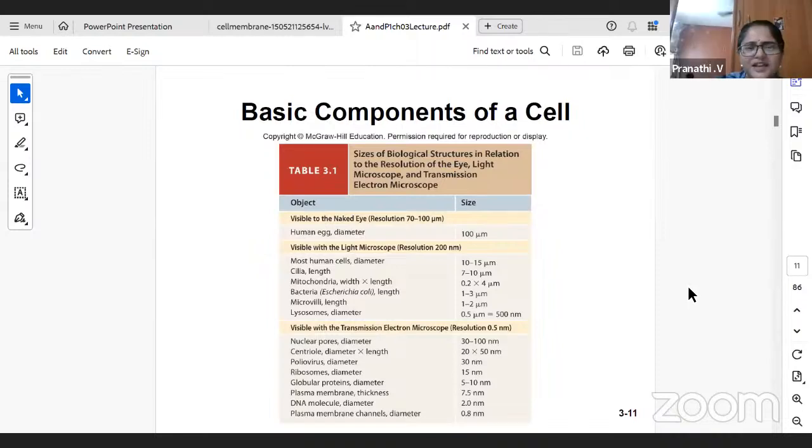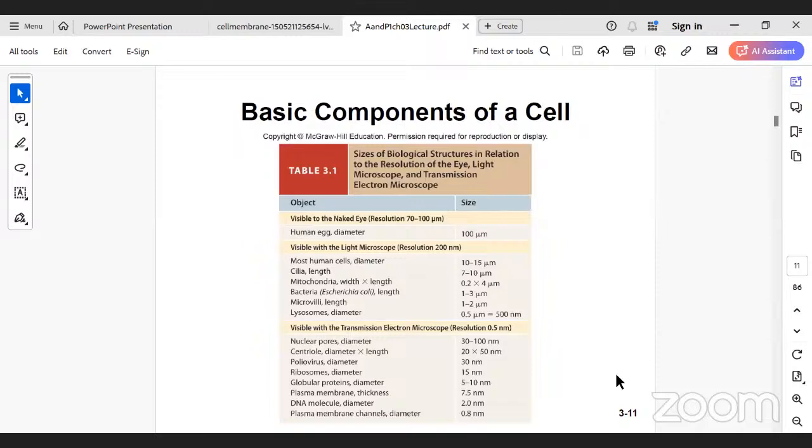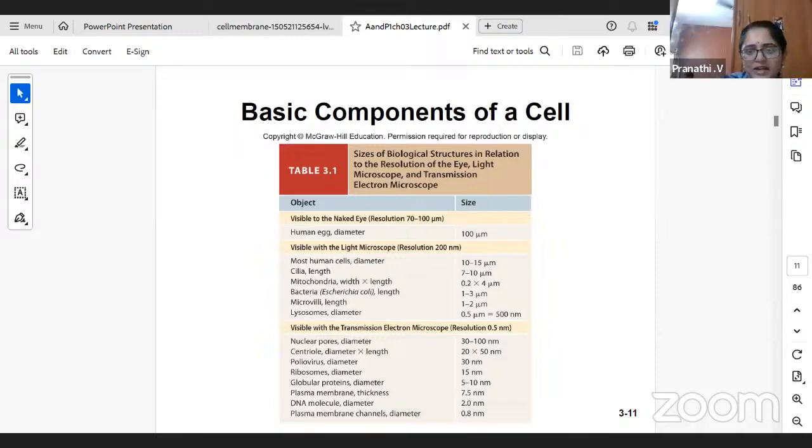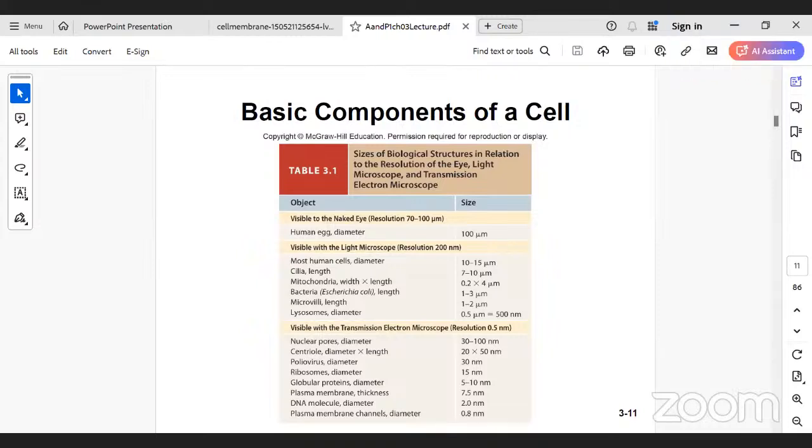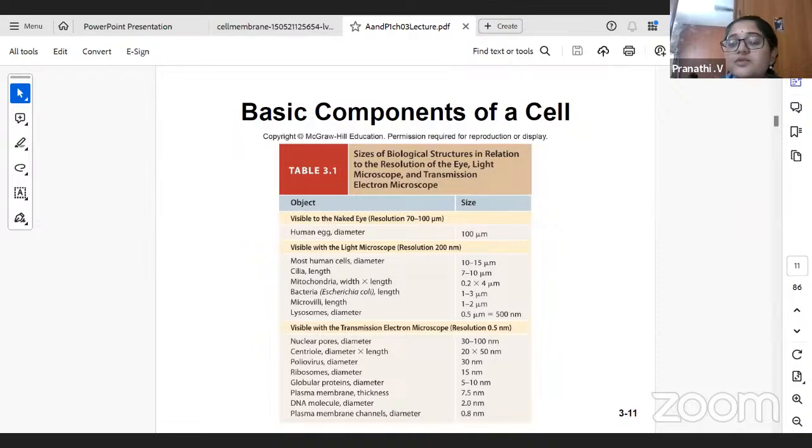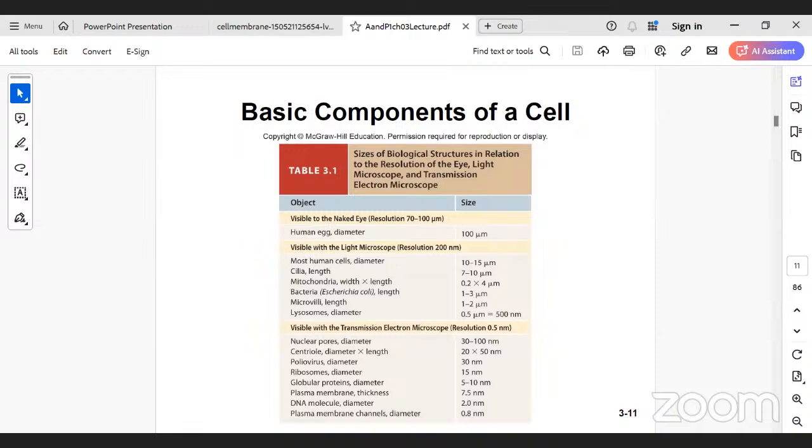I think you guys have a group, the MSc Zoology first years group. Yes, ma'am, Kishore sir is the admin. So add me into that group. Please type a message if you are not added to the group. Okay, we'll request Kishore sir. Yes, ma'am, we'll do that. Right, thank you.